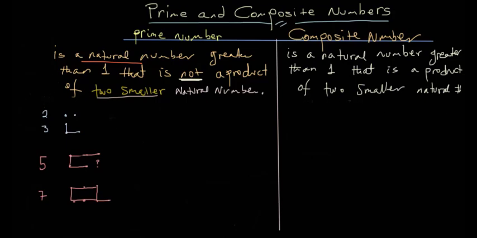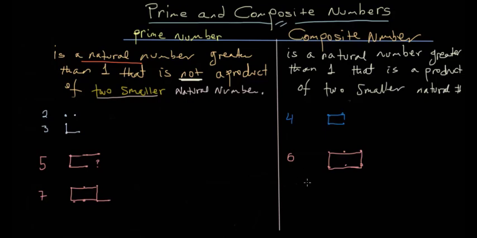So let's see composite numbers. Let's start from 4. So you have here 1, 2, 3, and 4. So you can have a complete rectangle if you keep the distance the same. Of course, it's going to be a square. Let's see 6. We have 1, 2, 3, 1, 2, 3. So you can have here a complete rectangle.